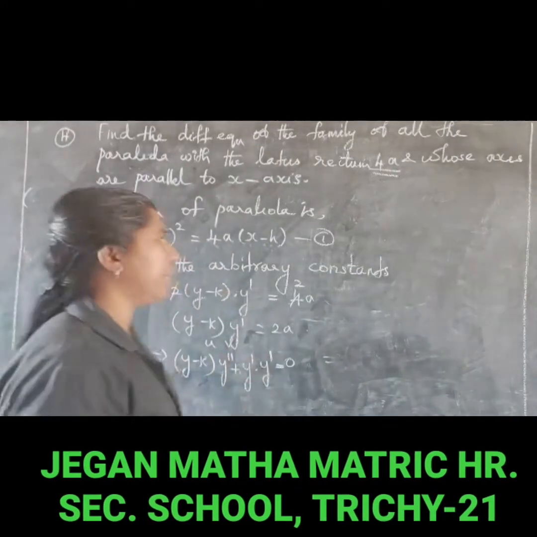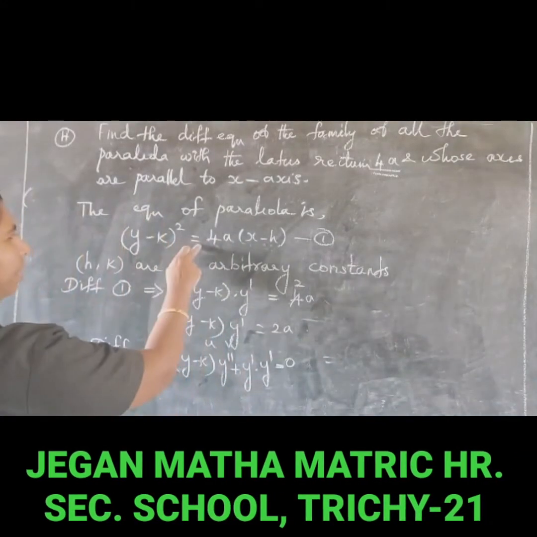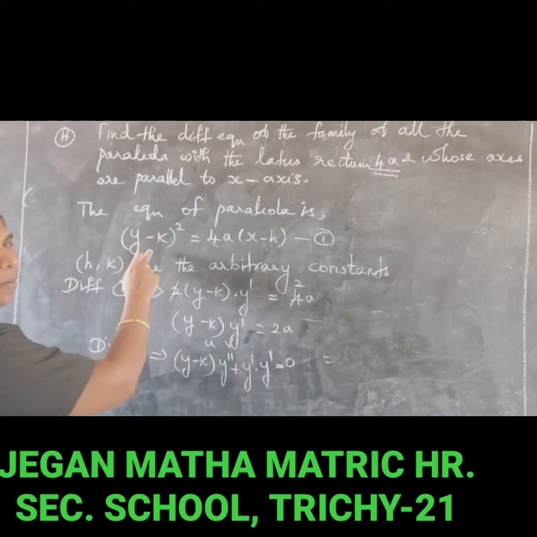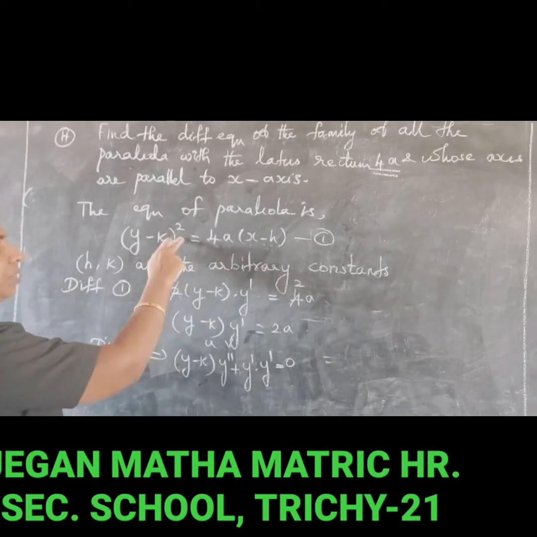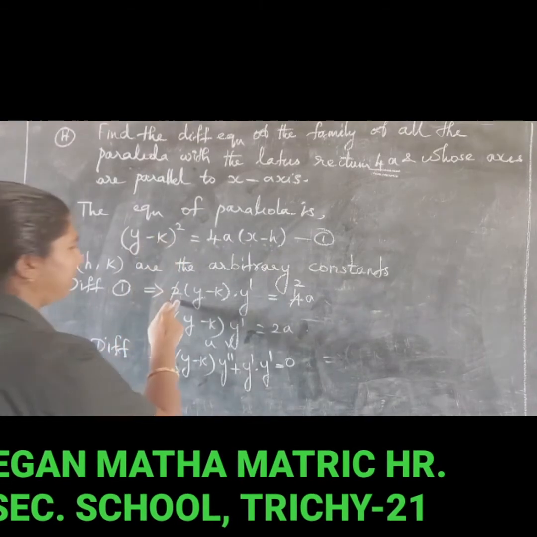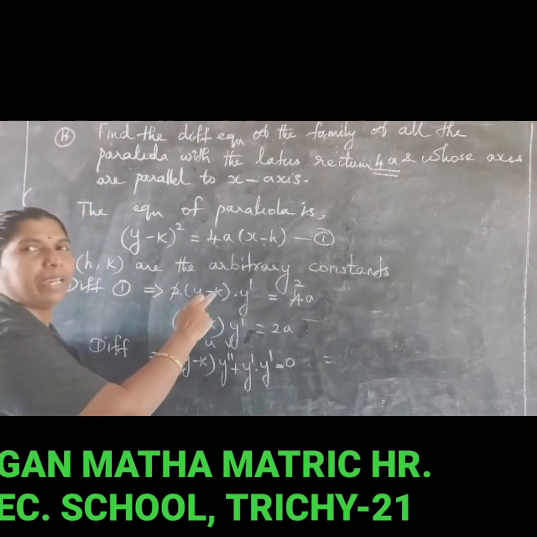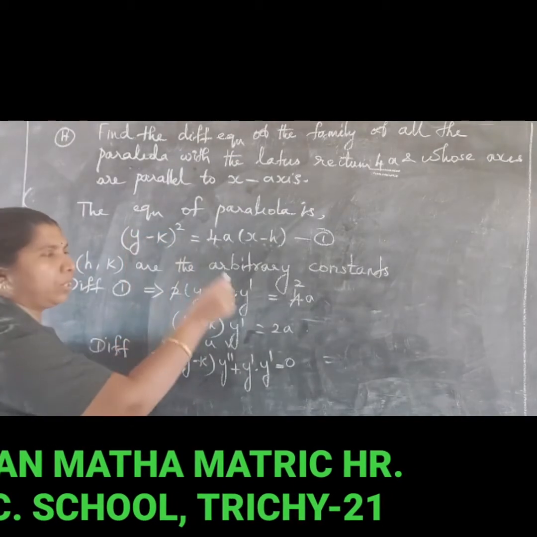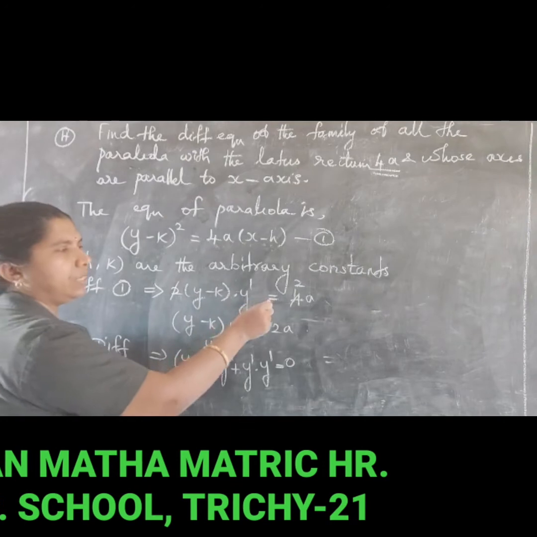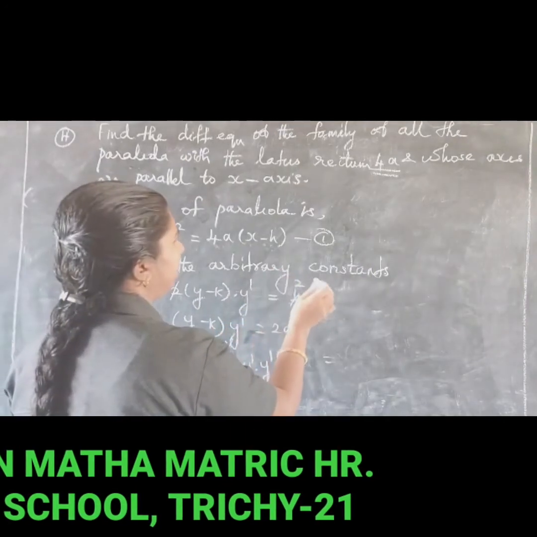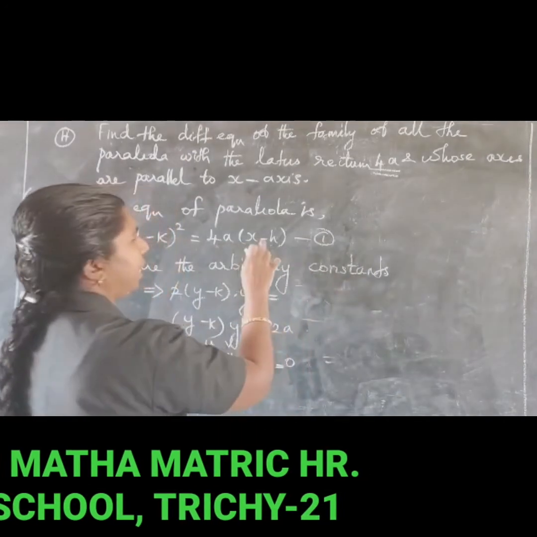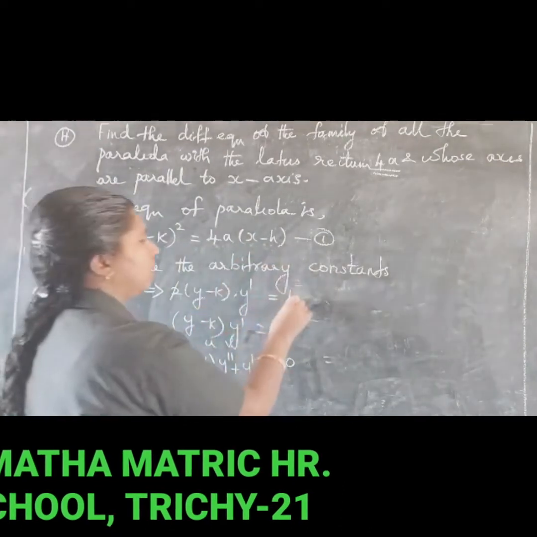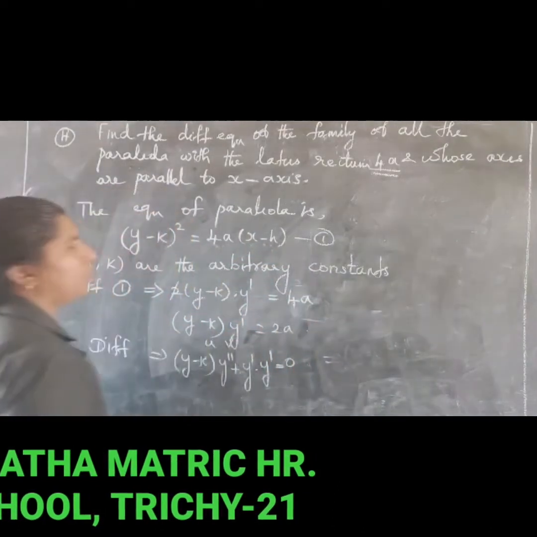So now let us differentiate the first equation, y minus k the whole square, which is in the form x to the power of n. That can be written as 2 into y minus k, then y is also differentiable, so you have to write y dash, which is equal to, right side we are having 4ax. The differentiation of x is 1, so here you get only 4a.